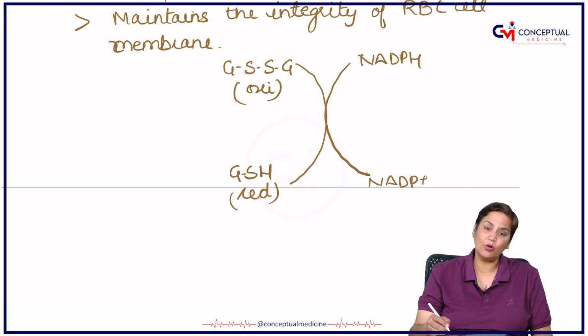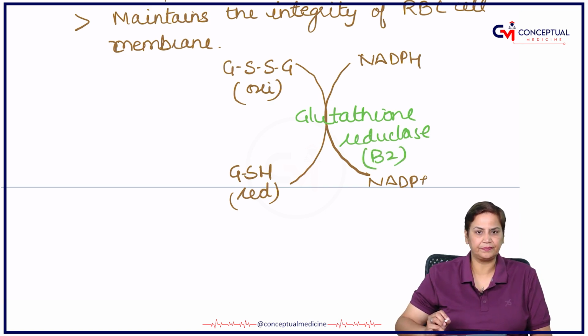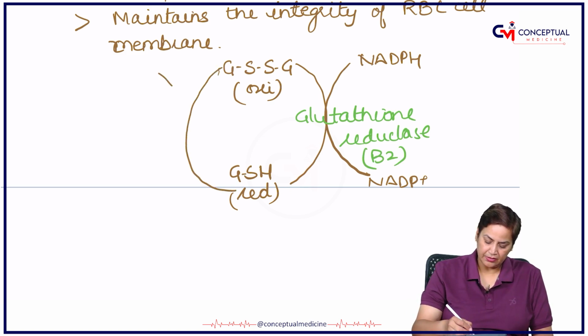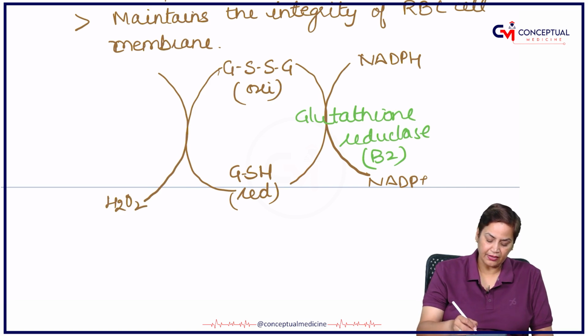And here the enzyme is glutathione reductase, which requires B2 for its activity. Right. And whenever glutathione is in its reduced form, it is going to break hydrogen peroxide into water and oxygen.